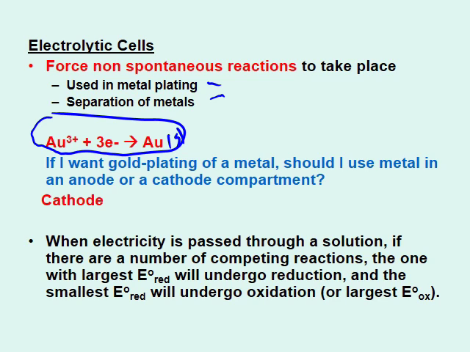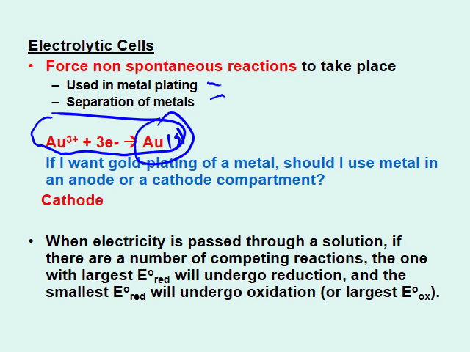So the question is, is it going to be a cathode or anode where you can deposit gold? By looking at this reaction, you see that this is a reduction reaction. Red cat, reduction is cathode. So in other words, you must use a cathode side, whatever metal you want, to have a deposit of gold.